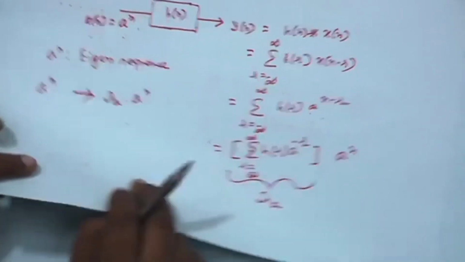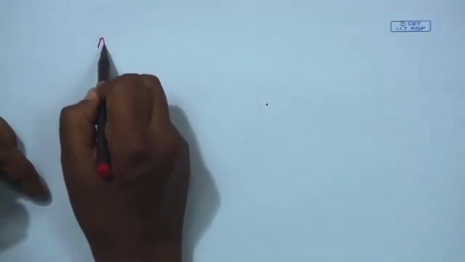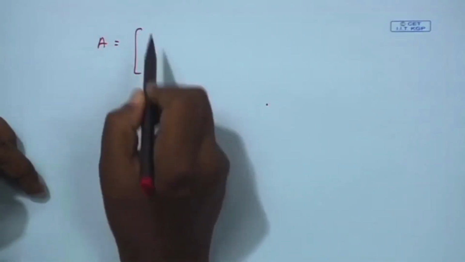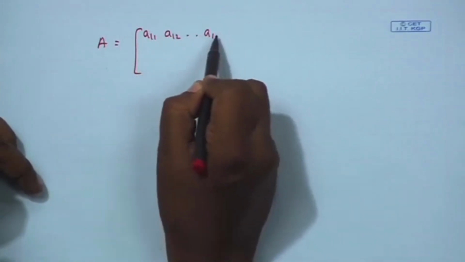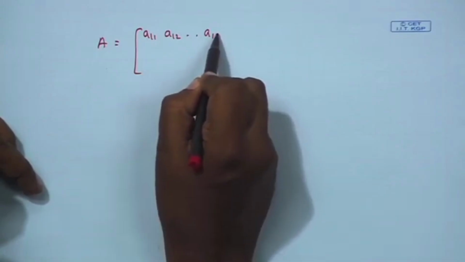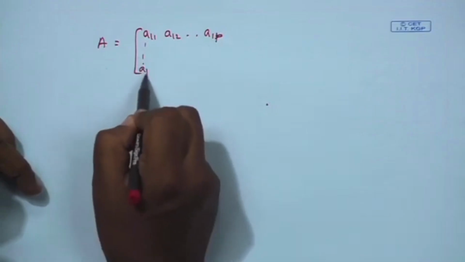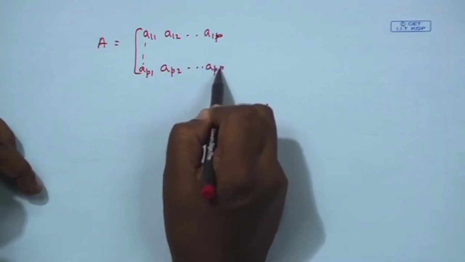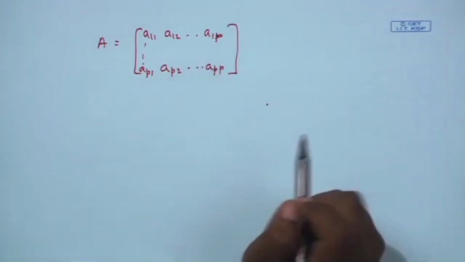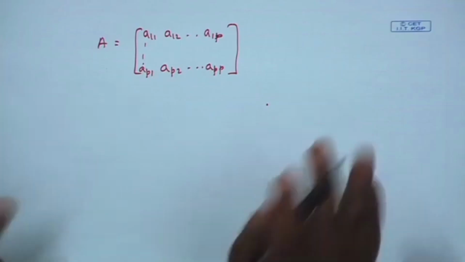This is a very important thing, and it comes from this concept of eigenvalue, eigenvector of matrices. Okay. Suppose I give you a matrix A, a square matrix.